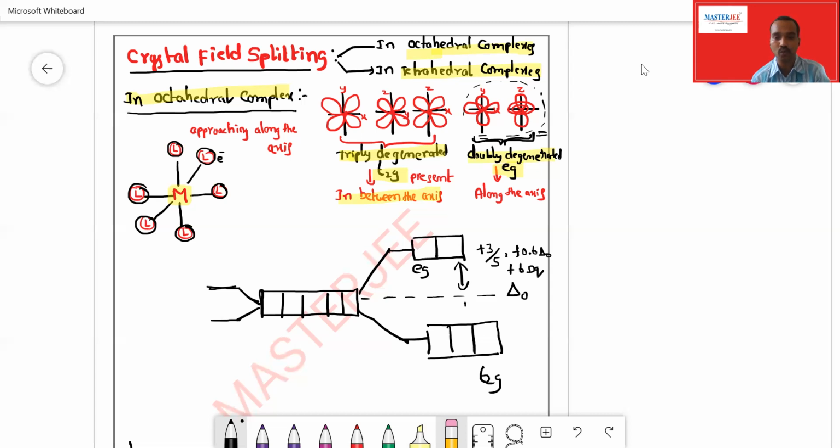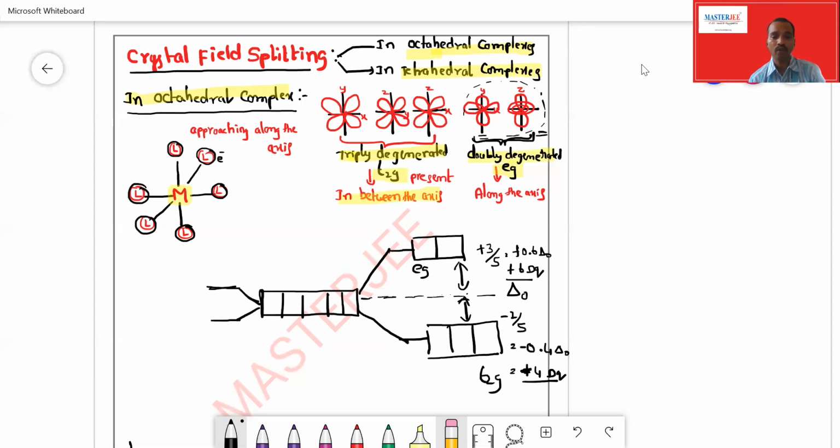This is minus 2 by 5, that means minus 0.4 delta naught, otherwise minus 4 Dq, differential quanta. That is the energy difference between these two. This is the crystal field splitting energy gap. From here to here, the energy difference is plus 6 Dq. From here to here, the energy gap is minus 4 Dq.